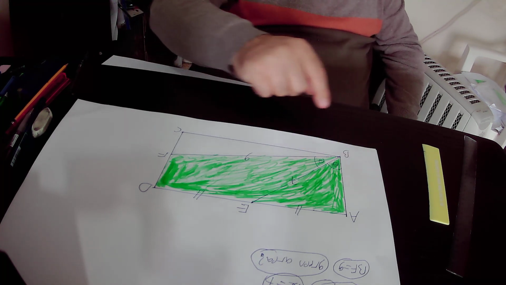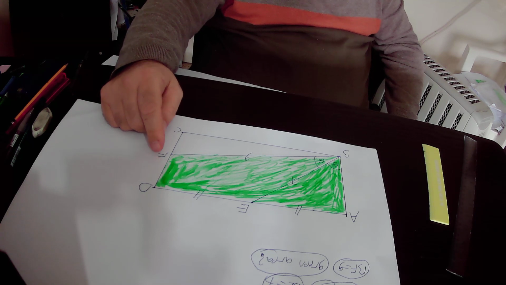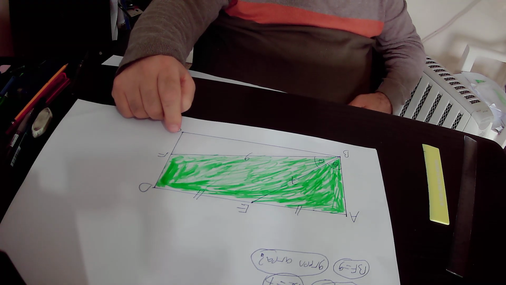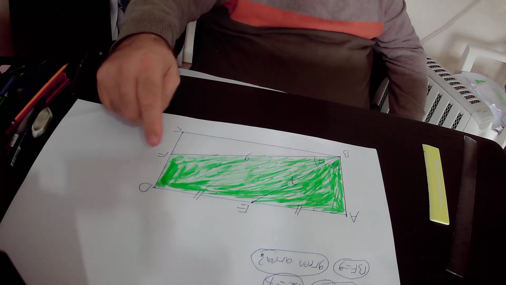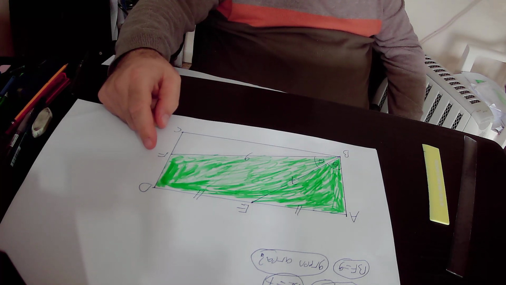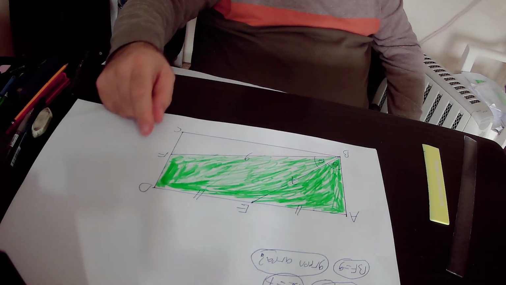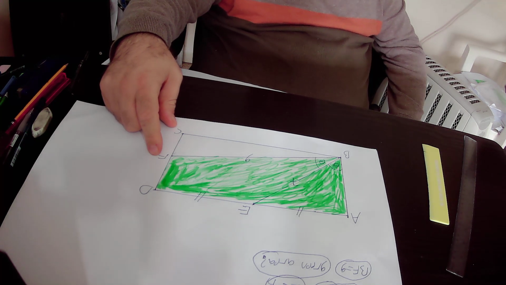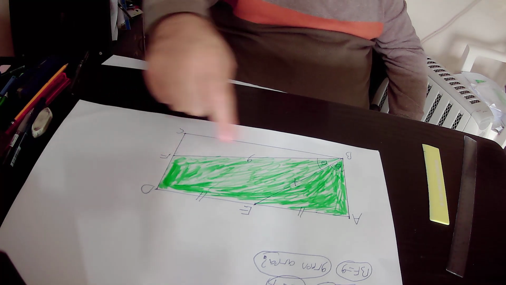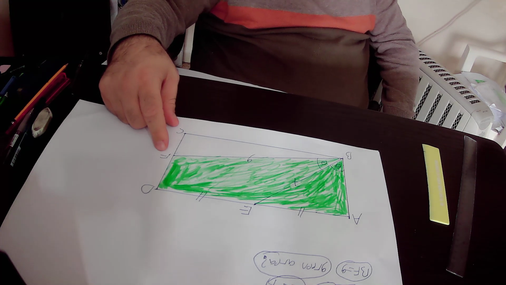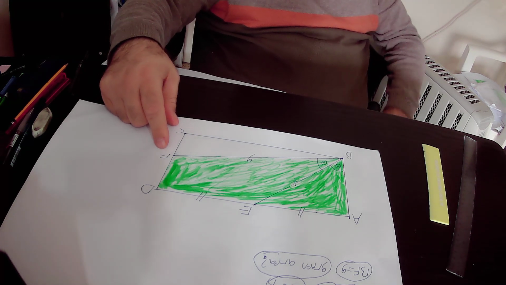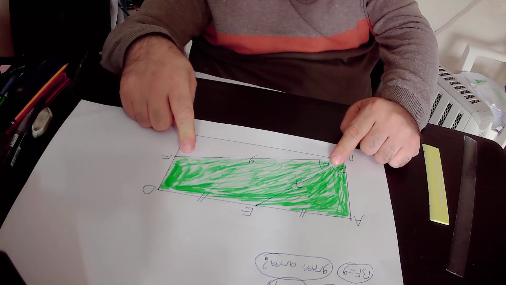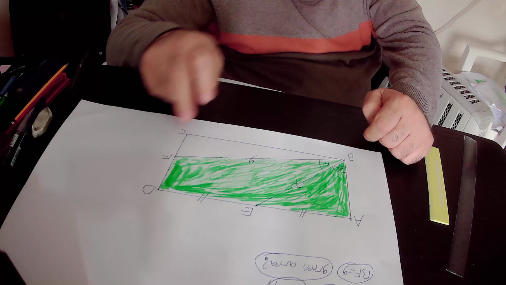We know that AB is parallel to DF, since the opposite sides of a rectangle are parallel, so AB is also parallel to part of DF, that is FC. The two alternating angles between the parallel lines AB and FC are equal.